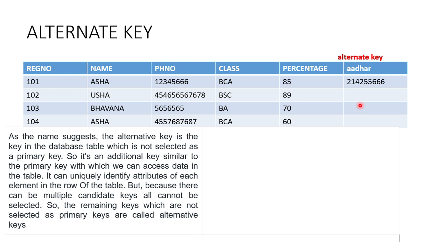Here these fields I have not filled, but you have to fill them. If you mention it as an alternate key and don't fill in the details, then it will throw an error saying that it cannot be null. So you can take the necessary action beforehand, otherwise there will be a problem in entering the data.